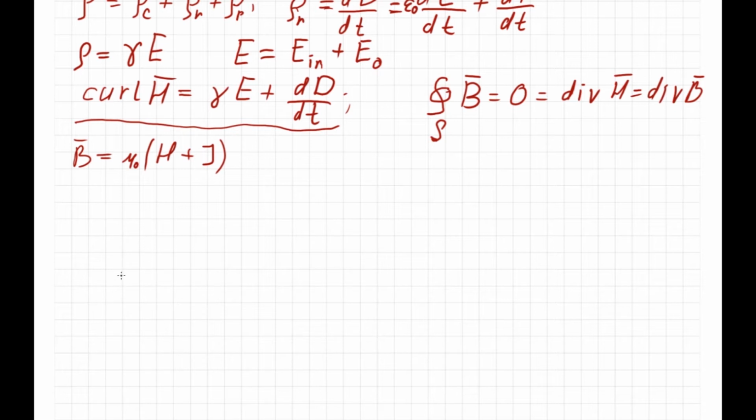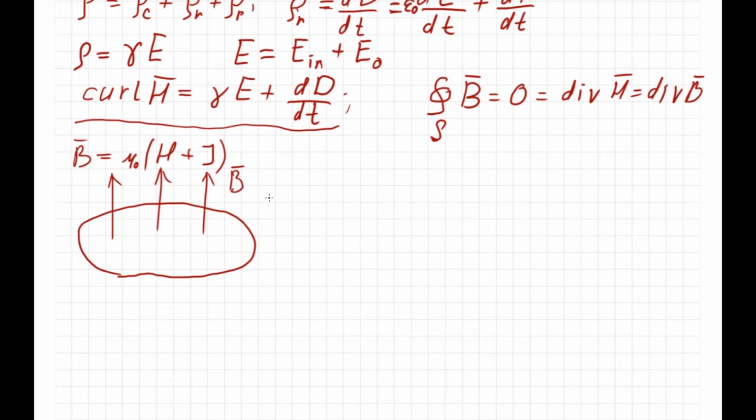If we draw a closed-loop contour, and through the closed loop we have a conducting magnetic field B, and we multiply B by the area surrounded by this closed contour, we will get the magnetic flux.